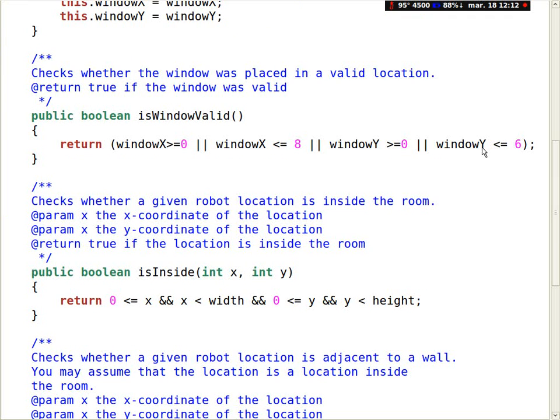So here we get again that, okay, what's wrong with this one? Even on a more basic level, it's just set for one type of room, right?